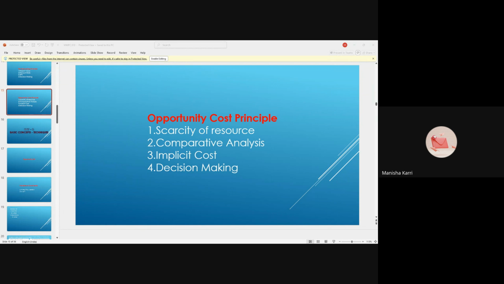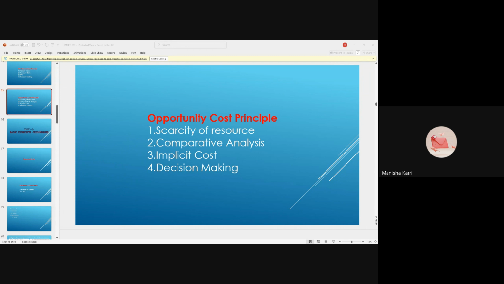Take an example: consider a student who has to choose between studying for an exam or going to a concert. If the student chooses to go to the concert, the opportunity cost is the potential grade that could have been achieved by studying for the exam.